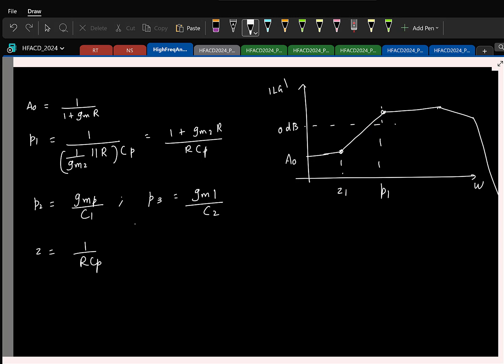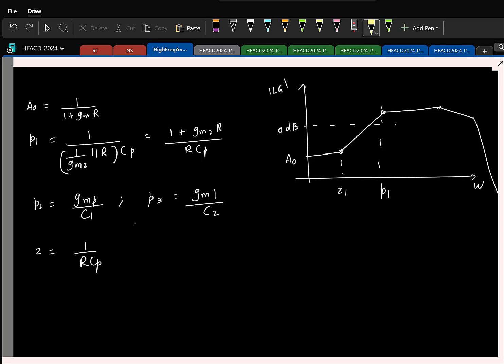So what should you do now? You should bring P2 or P3 further in, right? Sorry? But the zero will always come before that, right? Because you see, this is the zero, this is the pole. The first pole and zero are kind of close by. You can't change one without affecting the other.